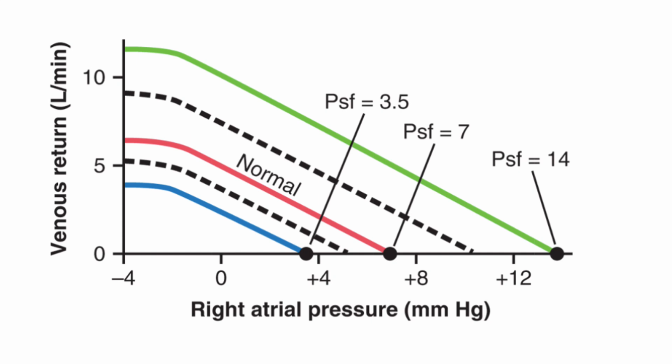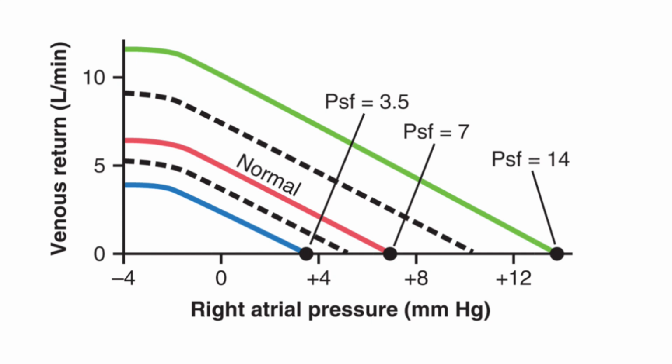But the green line shows what happens if you increase mean systemic filling pressure from 7 to 14. So we've now doubled our mean systemic filling pressure. We've shifted the curve to the right and up, and now you're going to have a higher venous return because there's more blood in the system. Whereas if you decrease your mean systemic filling pressure from 7 to 3.5, like in the blue line, you're going to decrease your venous return because you have basically less blood in the system.